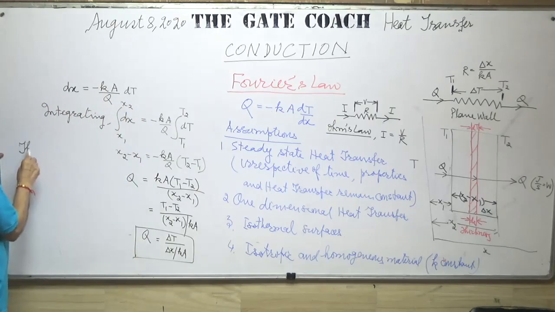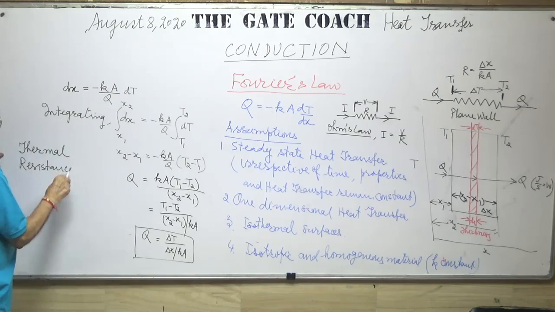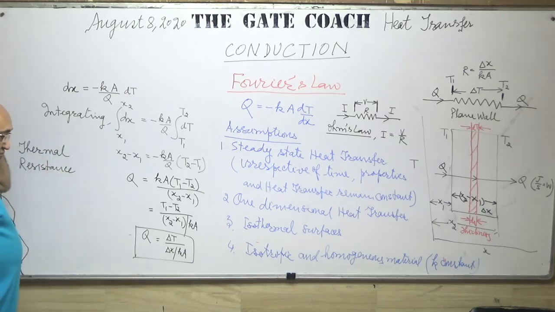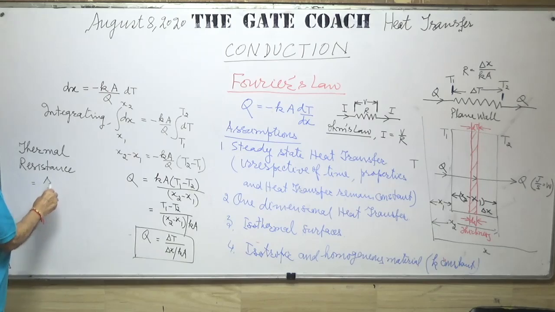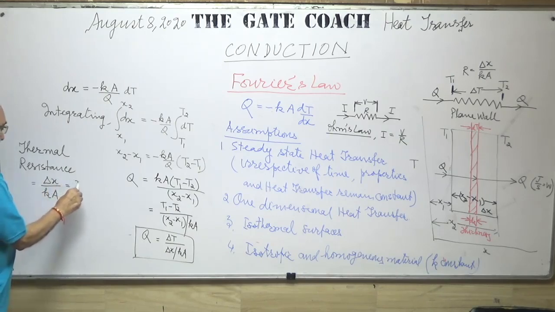The thermal resistance, a Newton, which denotes units, delta X upon K A. Delta X is in meters.